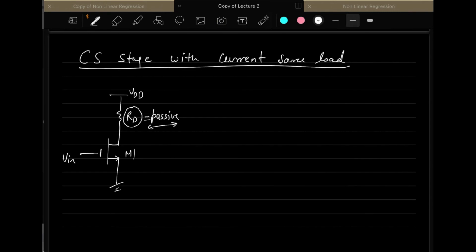So what they do is they replace this RD, because it takes a large amount of area when you design this circuit on chip. So this particular RD will take a large amount of space.